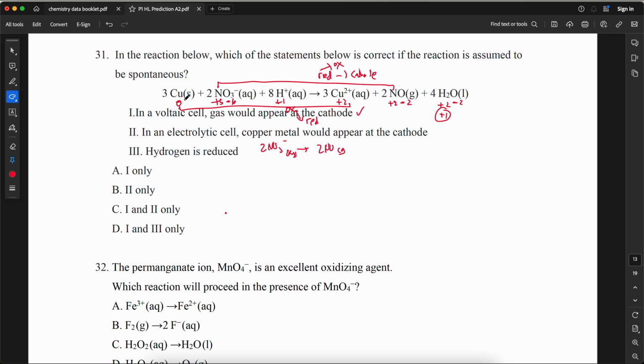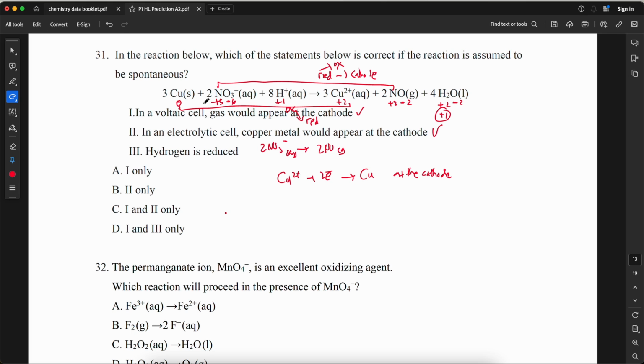So now Cu experiences reduction in an electrolytic cell. So the reaction will be Cu2 plus 2 electrons produces Cu at the cathode because it is a reduction. So copper metal will appear at the cathode, correct.